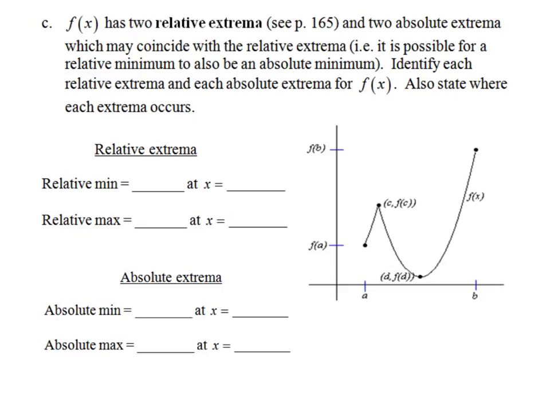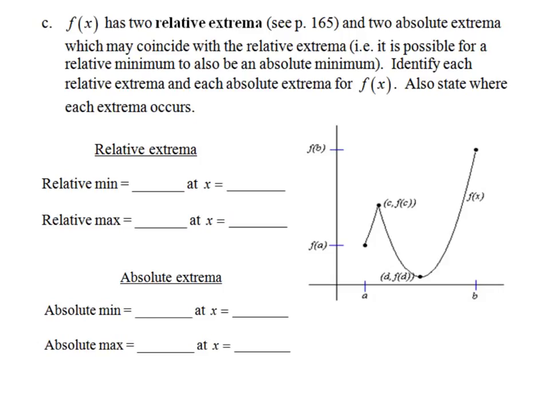All right, so let's see. Keeping in mind, we didn't define what relative extrema were. We're going to do that on the next slide, but I thought maybe you've had some experience with it, or maybe you could just figure out what's going to be the relative min and the relative max. Since there's only one of each on this graph, hopefully you can see that it might be f of a, that might be a relative min, or it might be f of d.